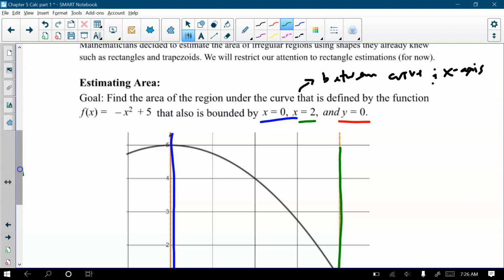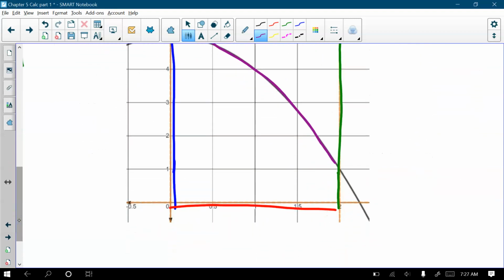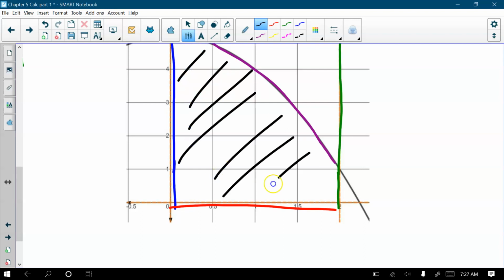And the curve will be purple. When it says bounded, it's only looking for the region that is contained by all the colors that I just did. So I'm looking for the area of this region. And we'll practice that bounded part later on when we get closer and closer to the AP test.